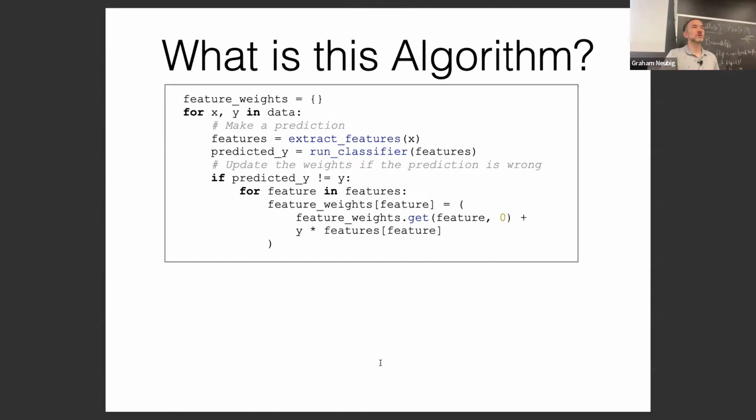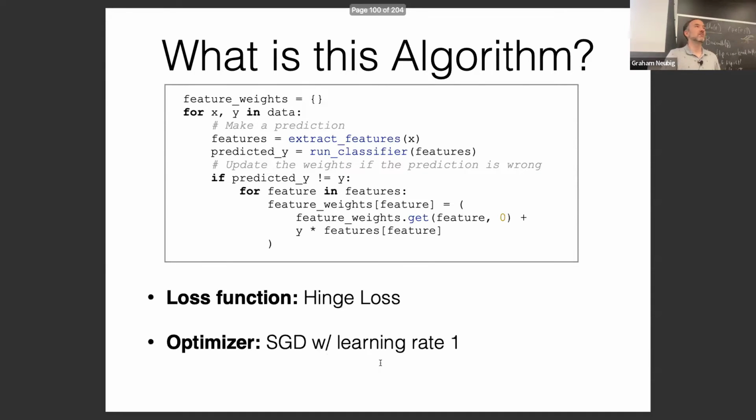Which loss function would we be using here? Yeah, the hinge loss. Any ideas about what the learning rate might be? 1. Yeah, exactly. So we have a hinge loss and SGD with a learning rate of 1. So you can see that this is essentially a special version of gradient descent.